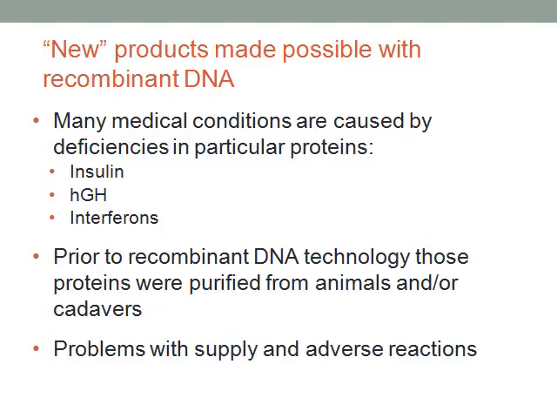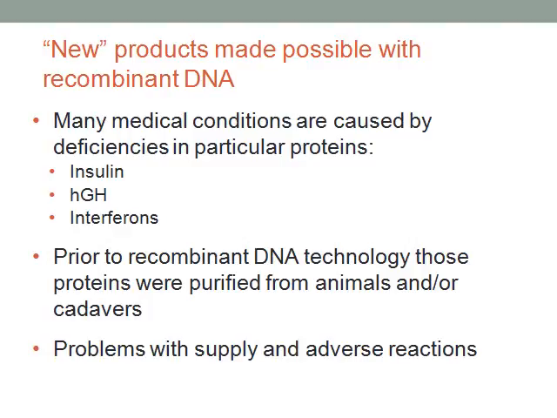Many medical conditions are caused by deficiencies in specific proteins, such as insulin, growth hormone, or interferons. These can now be treated by providing the patients with recombinant proteins. Prior to recombinant DNA technology, these proteins were purified from animals and/or cadavers.